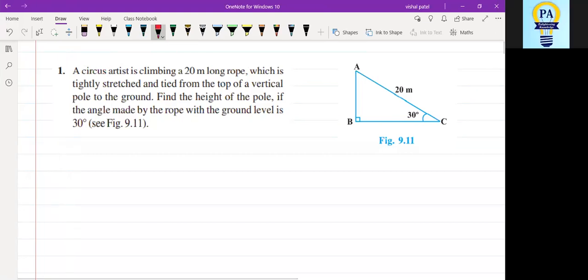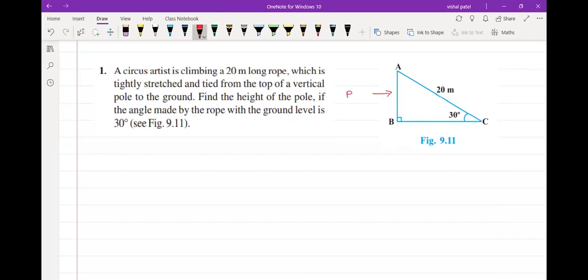This is the pole, and this is a rope. It is tied to the top, and this is the ground level to where it is tied. The length of the rope is 20 meter, and the angle made by the rope with the ground is 30 degree. You have to find the height of the pole.